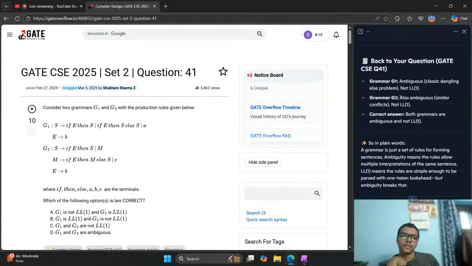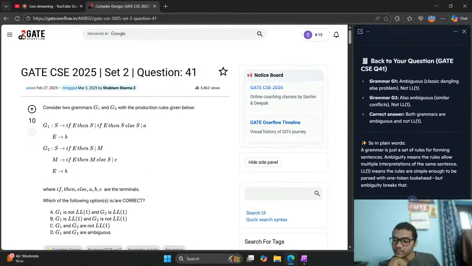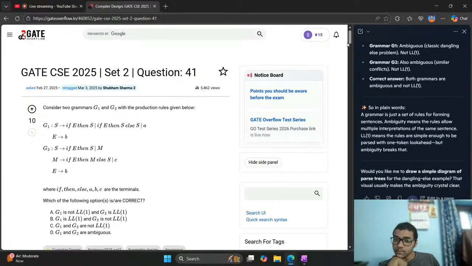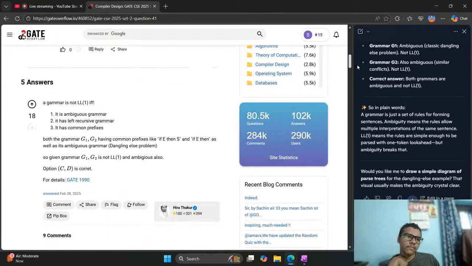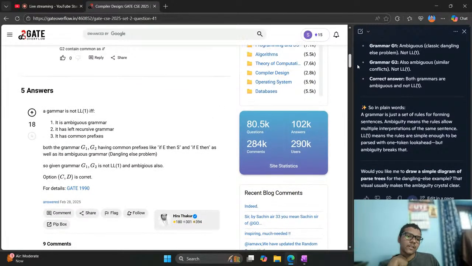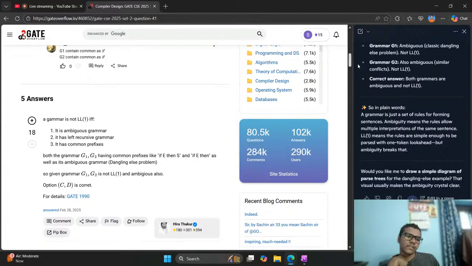The unambiguous version is: if E then S, or middle statement: if E then M else S. A grammar is not LL1 if it is ambiguous or has left recursion.